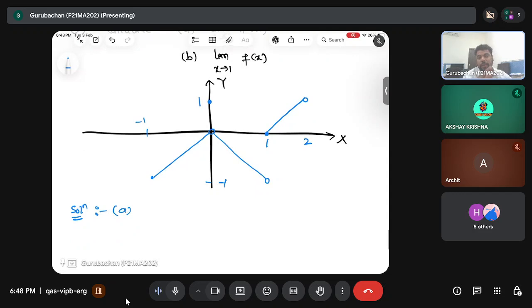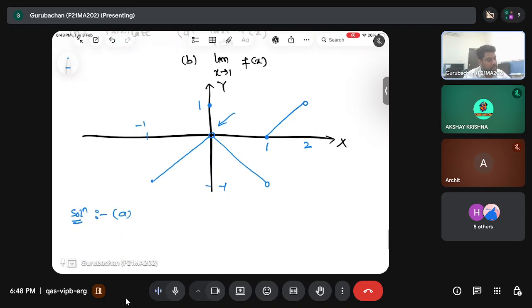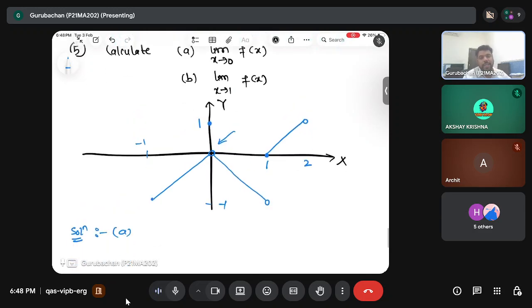See, the concept of limit comes because sometimes the function is not defined at that point. For example, here the function is not defined at 0, or you can say it is defined, f of 0 equal to 1. So in that scenario, there might be a possibility that the limit of that function is different from that value.